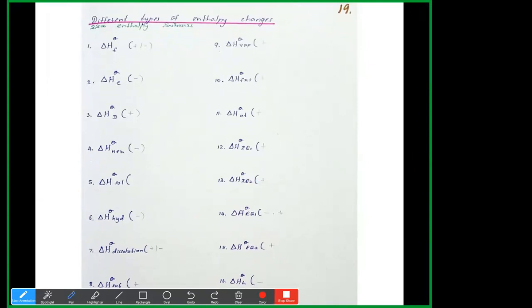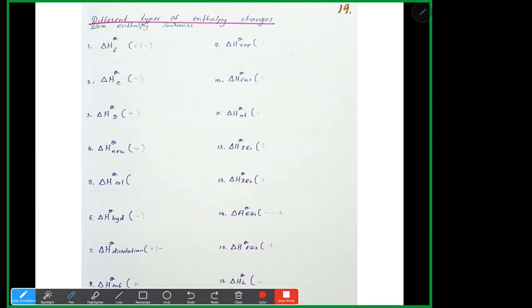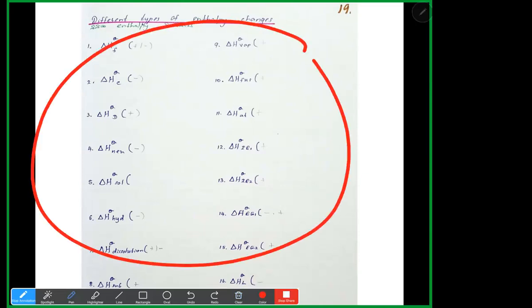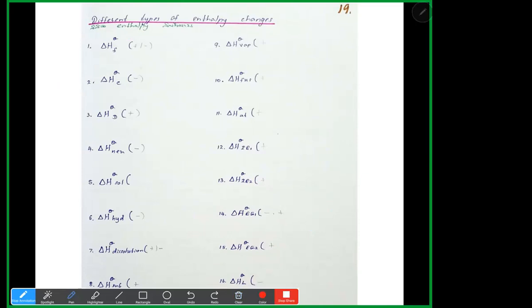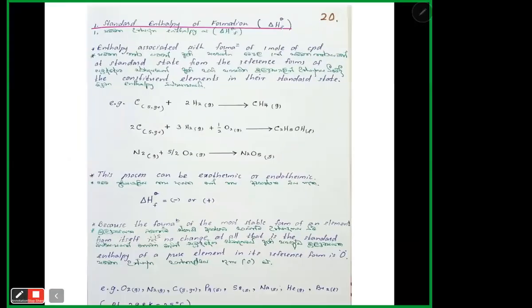If you understand these enthalpies, going through calculations can be really easy. So I ask you to make a summary. Whether it's negative, positive, or any special thing you're supposed to write, you can write it here and keep it as a summary of different enthalpies.